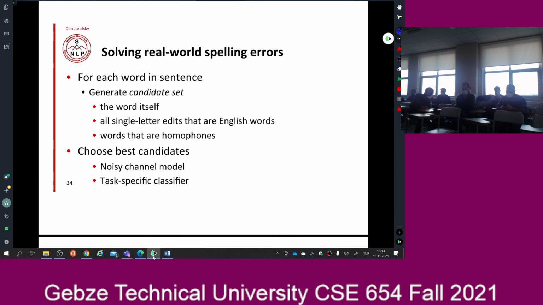With the noisy channel model, you ask what is the edit distance between these two. And the interesting thing is that the input and the output would be the same thing. So, it's an interesting question for the noisy channel: if I type 'the', what is the probability of the original word being 'the'?